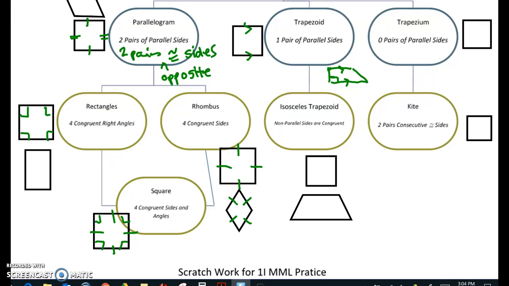But within trapezoids, there is another subcategory, and that is called an isosceles trapezoid. Now, if you remember from triangles, the word isosceles in triangles meant two sides were congruent. It means the same thing with trapezoids, but in trapezoids, it's that the non-parallel sides are congruent.